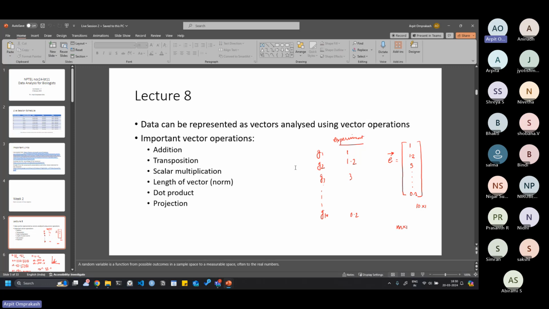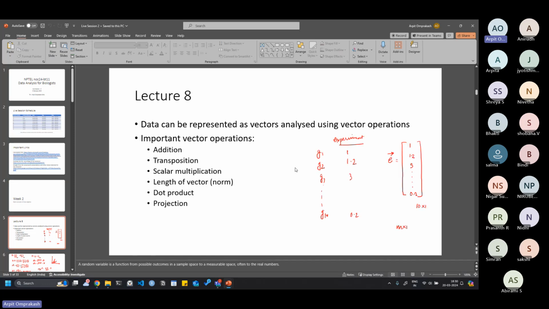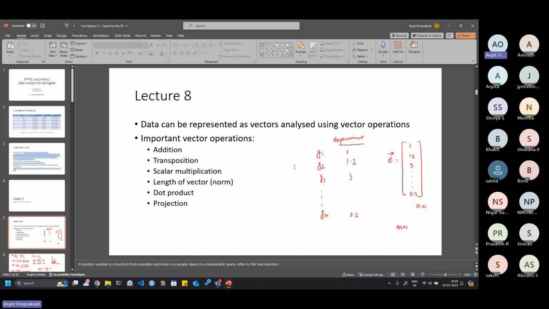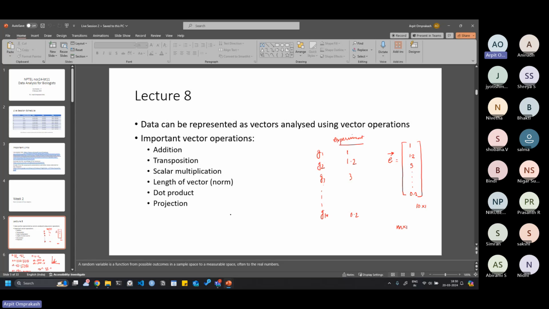In week two, we talked about basic concepts of linear algebra, where we talked about vectors, how to add vectors, and how to transpose vectors. Addition is simple: if you're adding two vectors, you add them element-wise. Transposition is where rows become columns and columns become rows. Scalar multiplication: if you multiply a scalar with a vector, each element of the vector is multiplied by the same scalar.